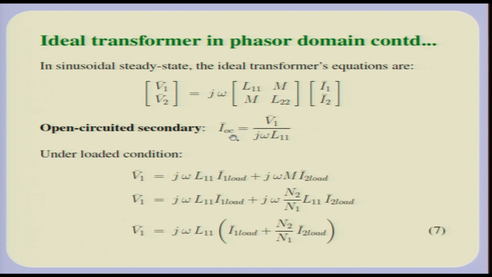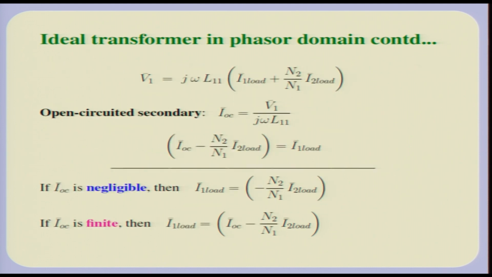If you of course load the transformer, then I have just expanded this equation here, and I have added an additional subscript load to show that it is loaded. In that case, the relationship between V1 and I1 will actually be slightly different. In fact, V1 will be not only a function of I1, but also a function of I2. So, this is given by the last statement here.